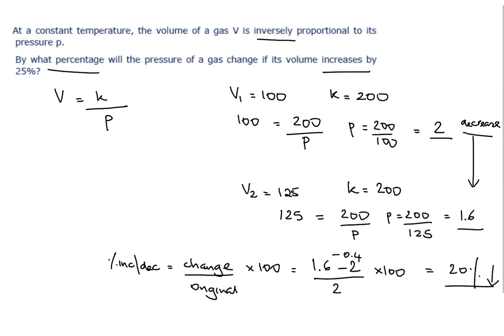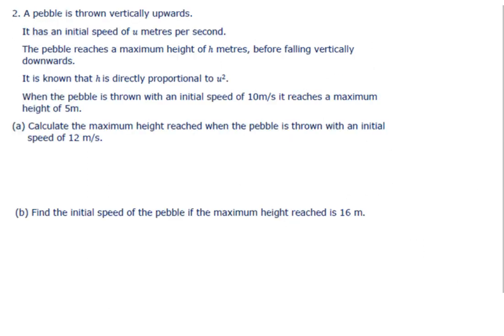Okay, next question. A pebble is thrown vertically upwards. Now this is one of the questions where it becomes so wordy that you must try and just pick up the information that you need. A pebble is thrown vertically upwards. It has an initial speed of u meters per second.